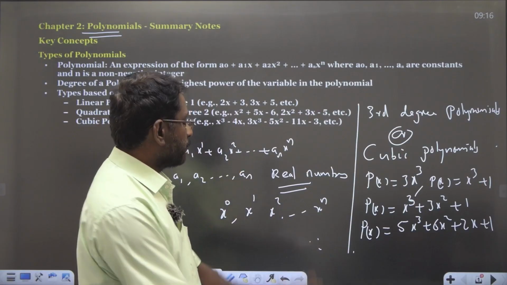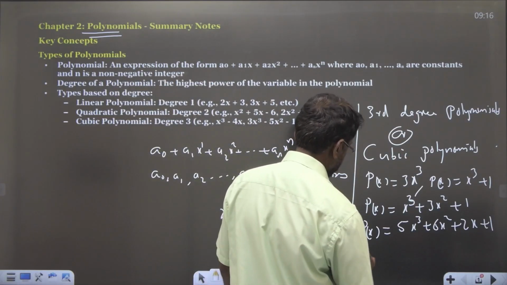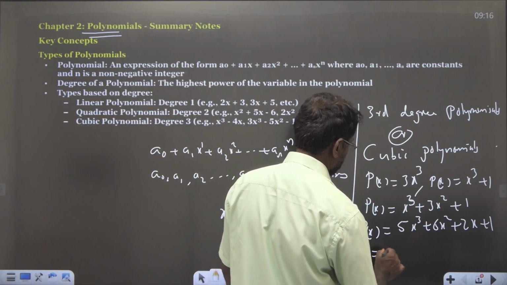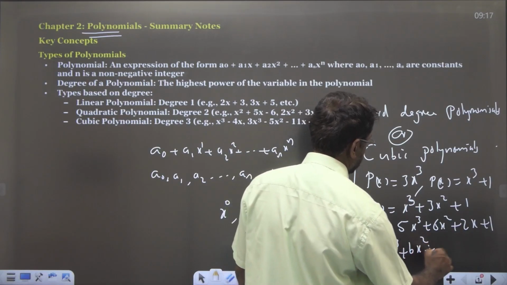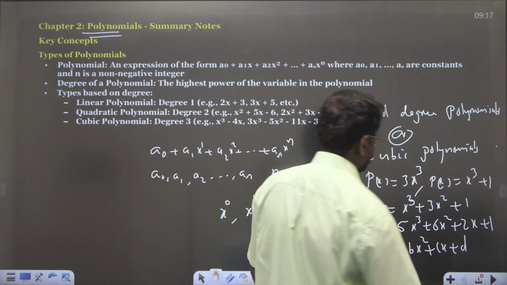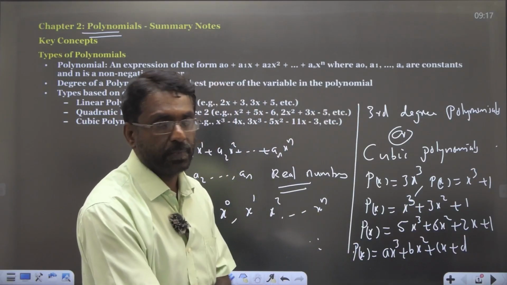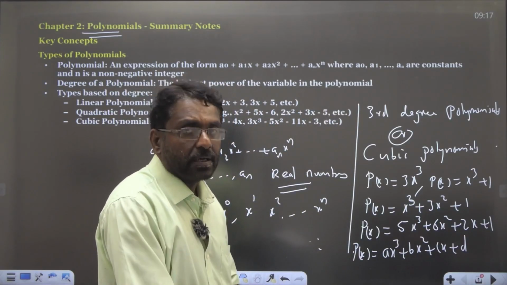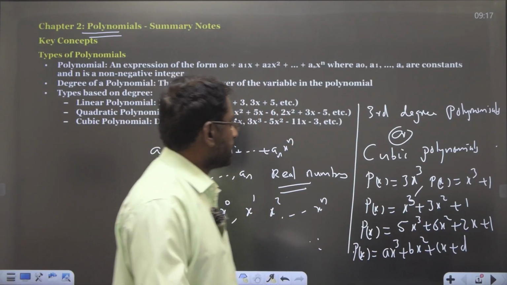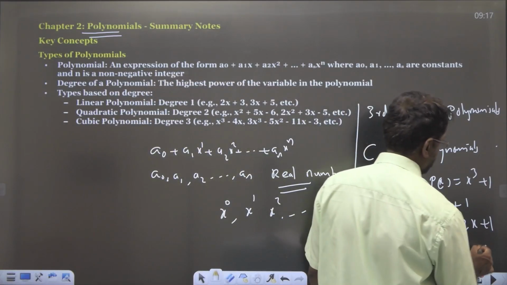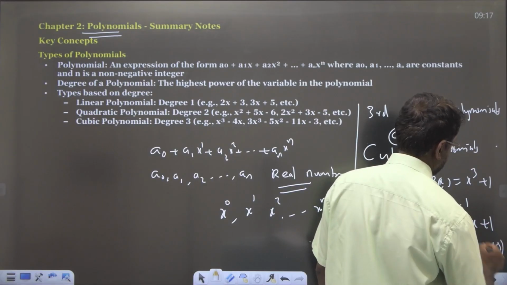The fundamental form is p of x is equal to ax cube plus bx square plus cx plus d, where a, b, c, d are real constants, and the highest power is 3, where a not equal to 0.